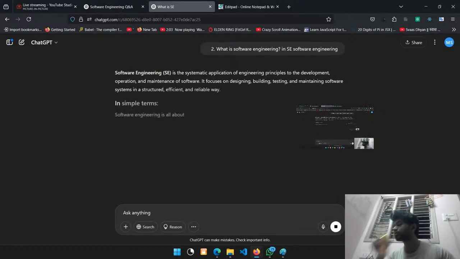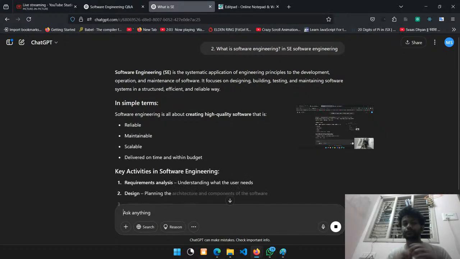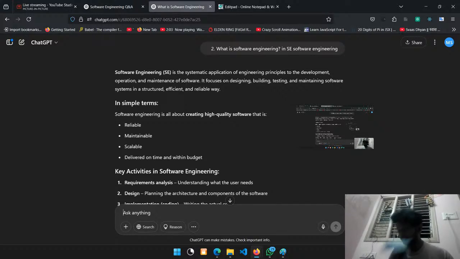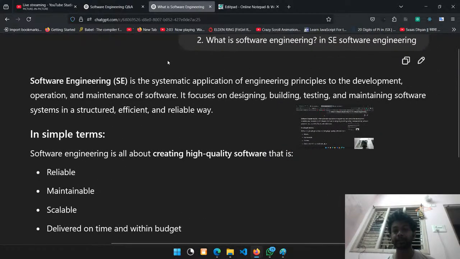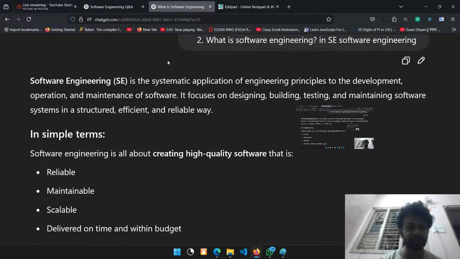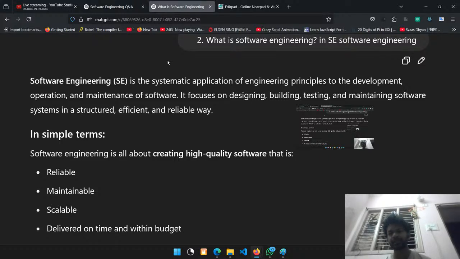Software engineering is a systematic application of engineering principles to the development, operations, and maintenance of software. It focuses on designing, building, testing, and maintaining software systems in a structured, efficient, and reliable way.